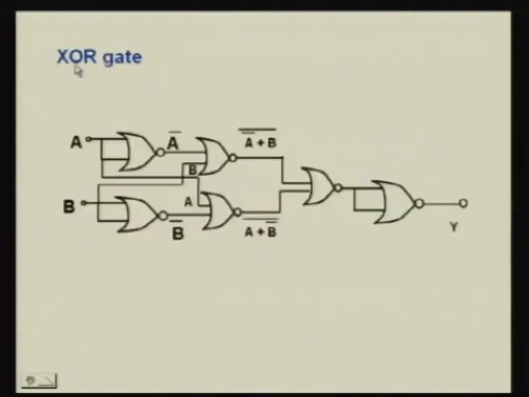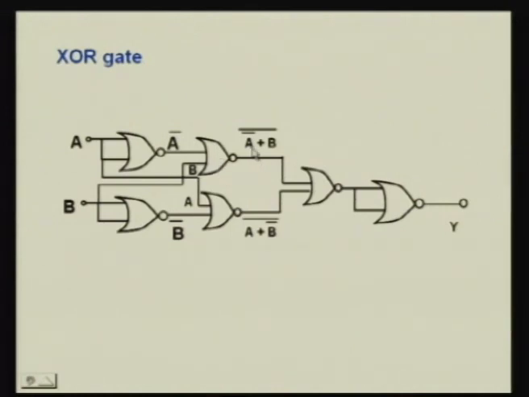Now, how can we realize the XOR gate? Again, this is very simple. I have not written the detail here. For the XOR gate, we need Y is equal to A bar B plus AB bar. Again, if we simplify the circuit by taking the double complement of both sides, we can easily get this circuit. We have to take A bar and B bar, and implement A bar B and AB bar on the third and fourth NOR gates.